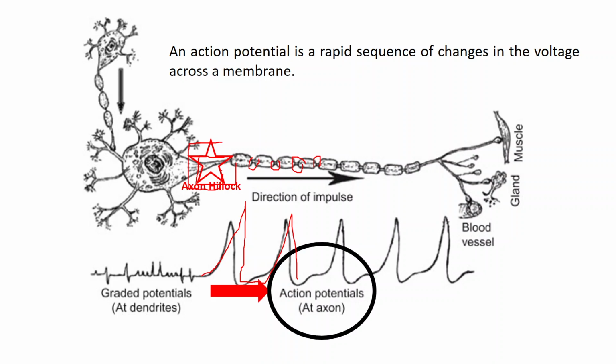As it travels, the cell body has some non-gated ions channels, and some of the ions will escape. And so this will result in the decay of the signal that's being generated from the graded potential, okay? It's like a hose where there are holes in it.